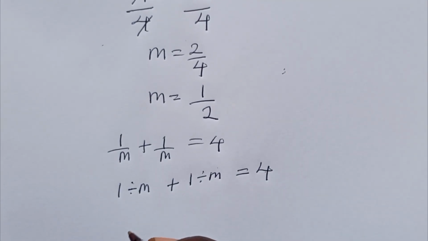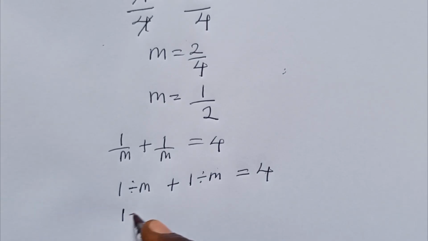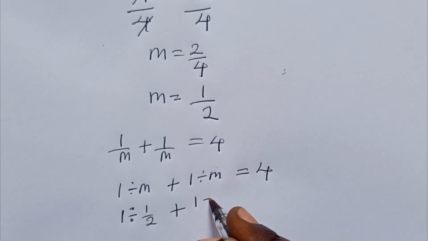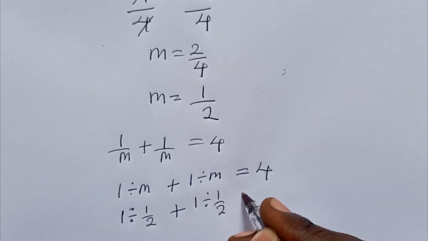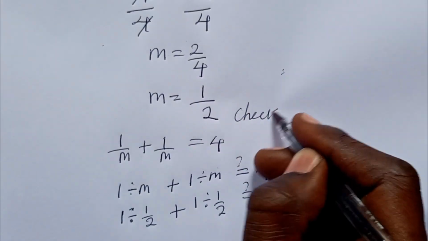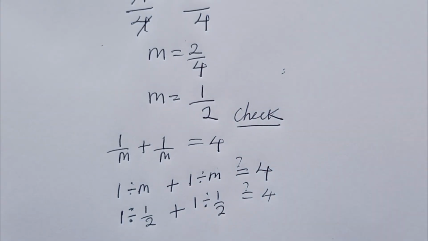And substituting the value of our m, 1 divided by 1 over 2 plus 1 divided by 1 over 2. Is this going to be equal to 4? We're checking to see if this will be correct.